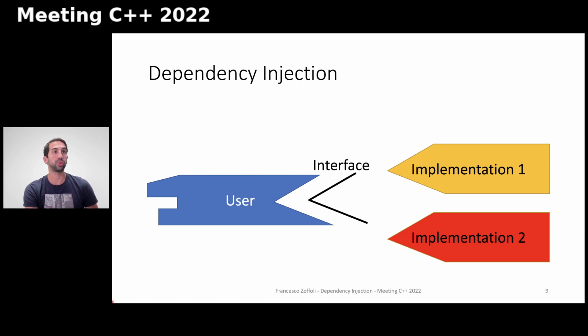So which shape should the user component use? The core idea of dependency injection is that the component shouldn't care which implementation is provided to it, as long as it matches the interface that it expects. But how can we write components which work in this way?